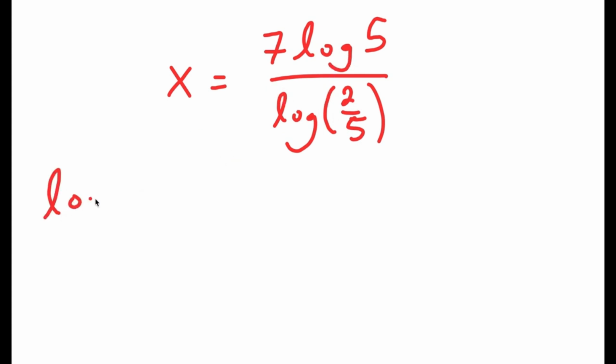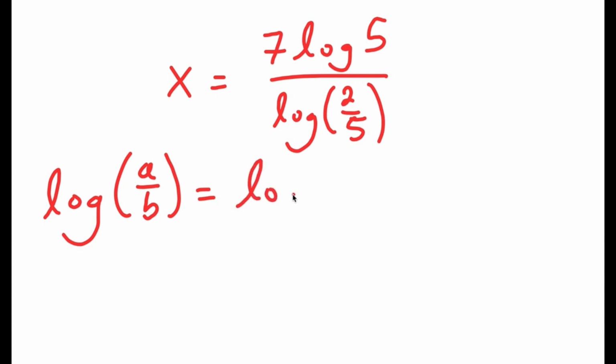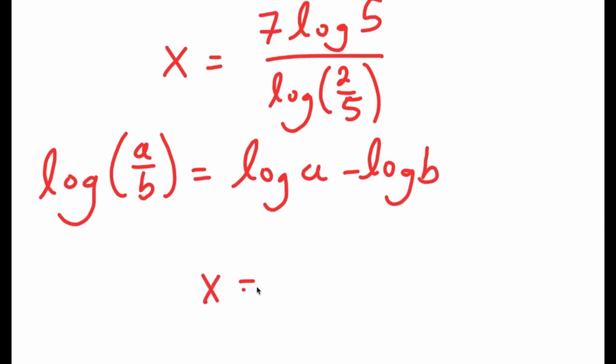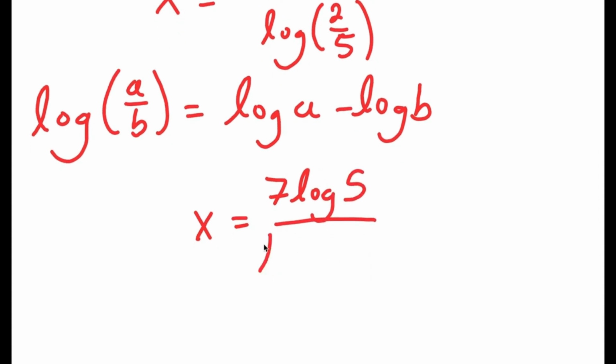So first off, if I have something in the form log of a over b, this is equal to log a minus log b. So log of 2 over 5, that's going to equal log 2 minus log 5.